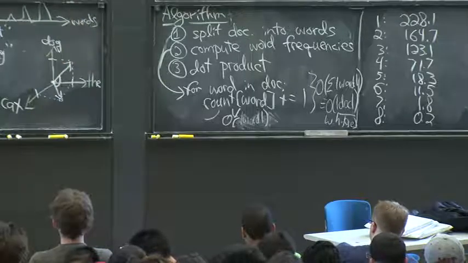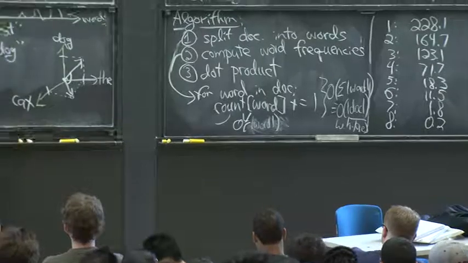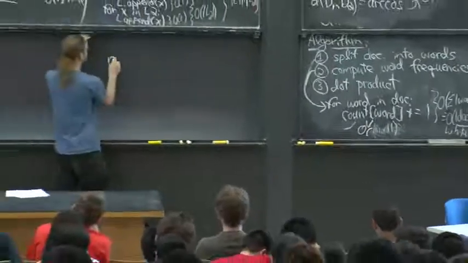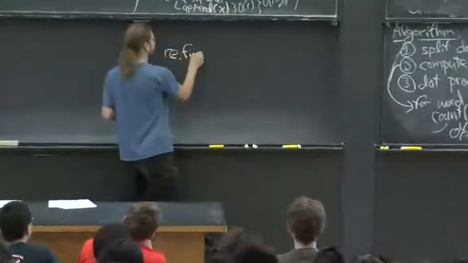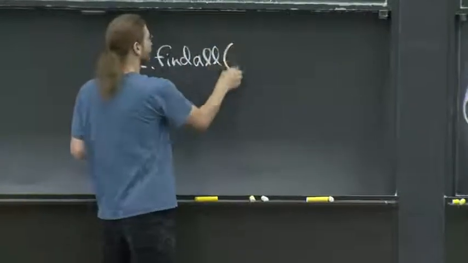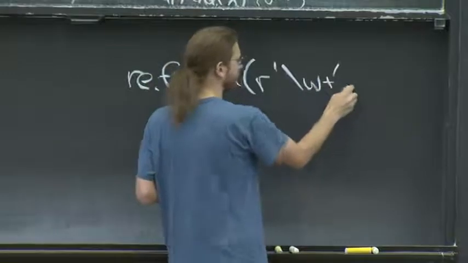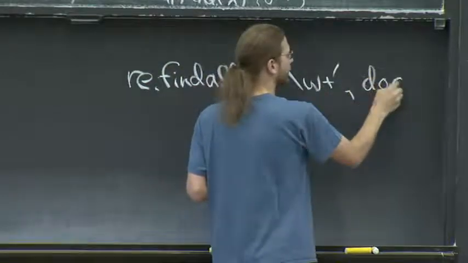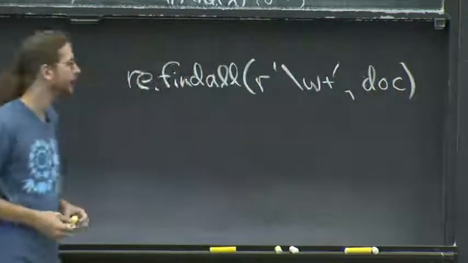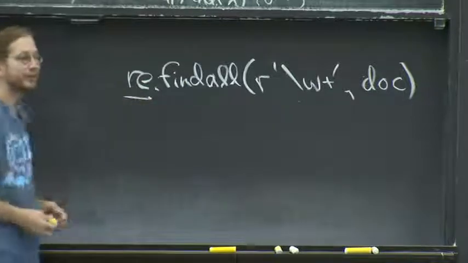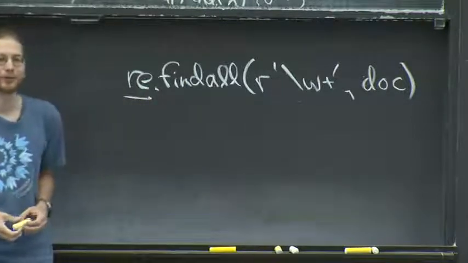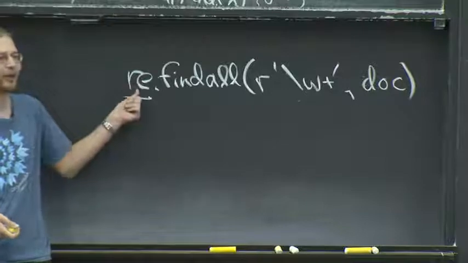So it's not hard. If you're a fancy Pythonista, you might do it like this. Remember my regexes. This will find all the words in a document. Trouble is, in general, RE takes exponential time. So if you're thinking about algorithms, be very careful.